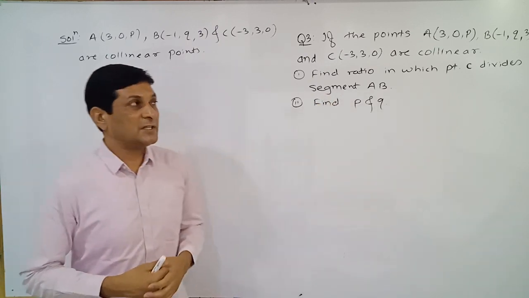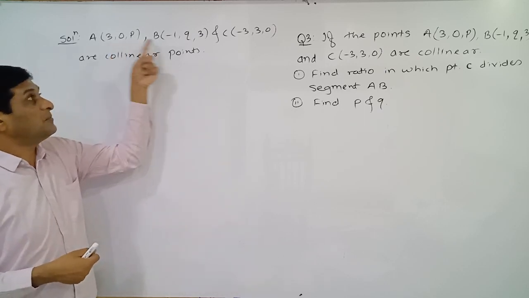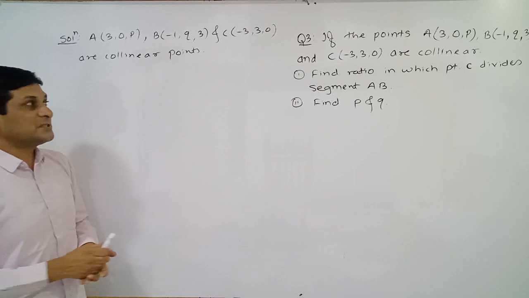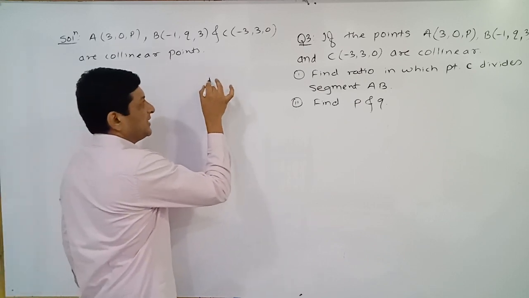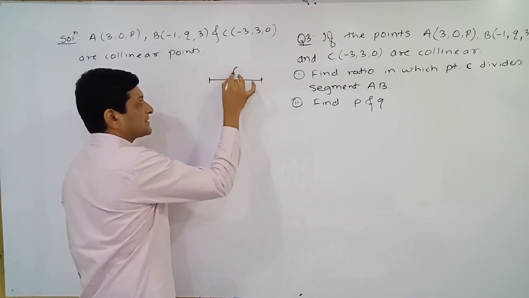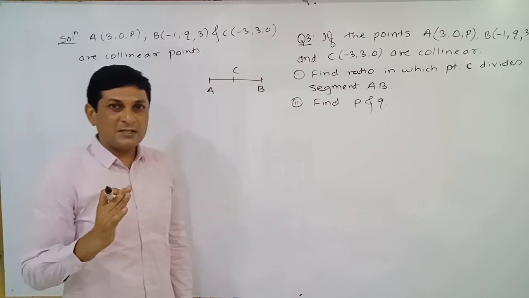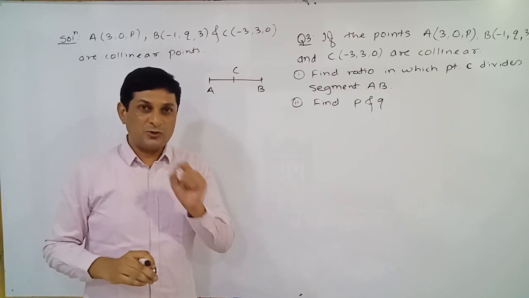So here we have considered 3 points, A, B, C. It is given to us that these 3 points are collinear. Now what is the first part of this example? Find the ratio in which point C divides segment AB. Already in the last video we have written one note.